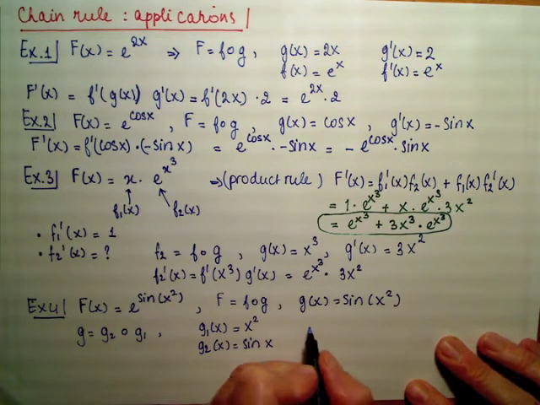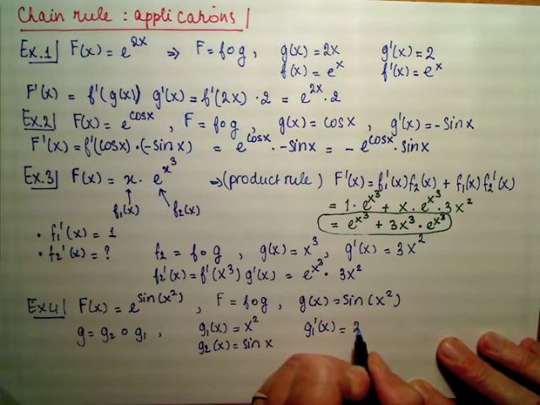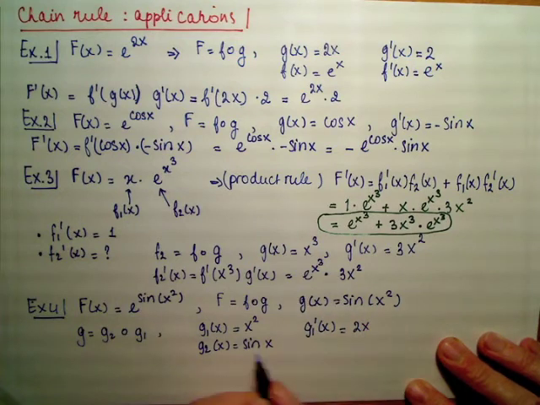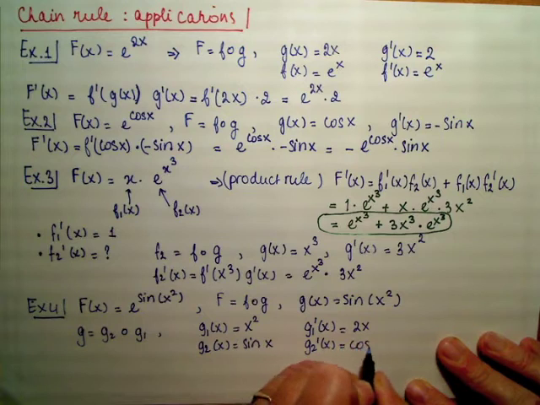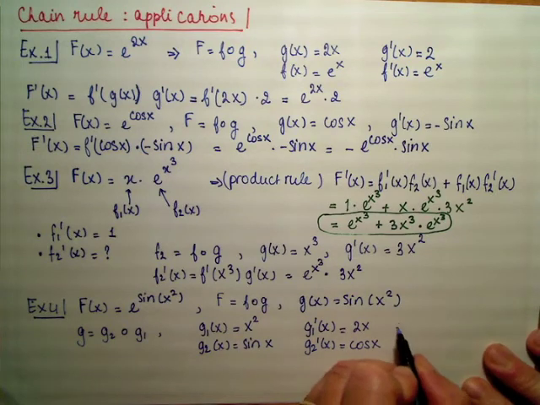And we have the derivatives. The derivative of sine of x is equal to cosine of x. And so what do we get for the derivative of g?